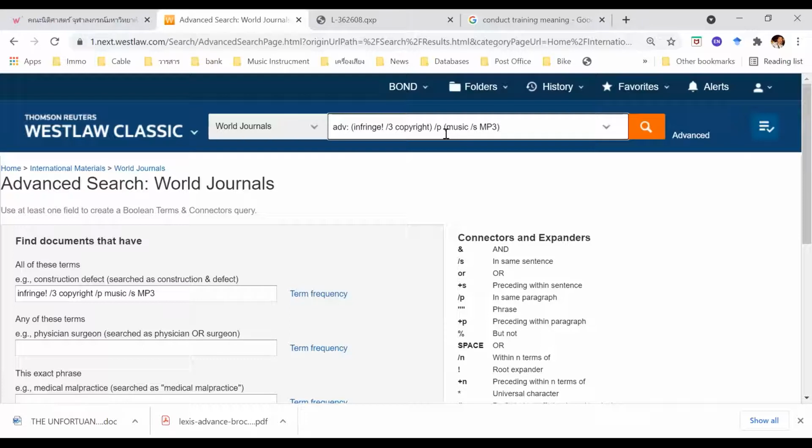So you conduct a search line: start searching with a group infring/3 first, and then leave the results for a while and start searching music /s MP3 in another group, and combine the two results from each group with /p. So start searching. You can look at that.